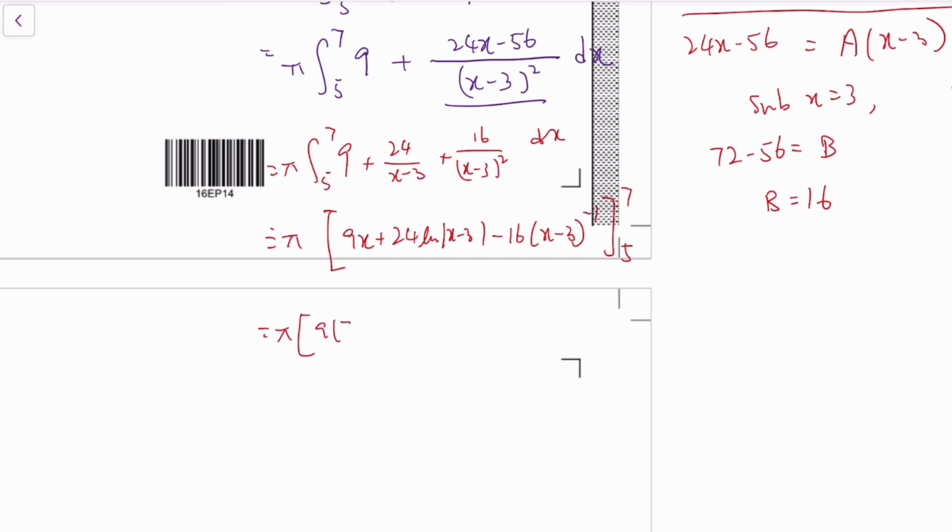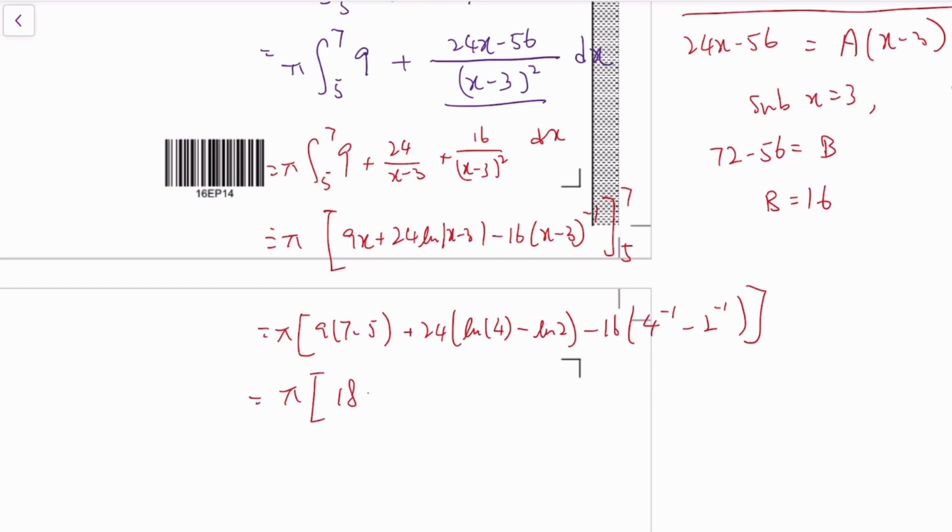So it's 9 times (7 minus 5), plus 24 log, if I plug 7 in I got 4, minus plug 5 in, log 2, minus 16, plug 7 in, 4 to the power of minus 1, minus plug 5 in, 2 to the power of minus 1.